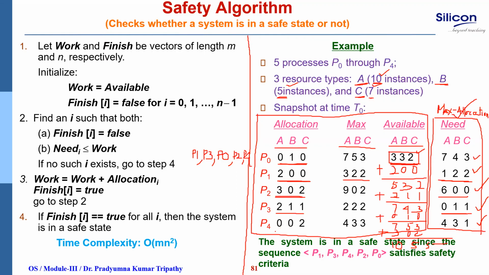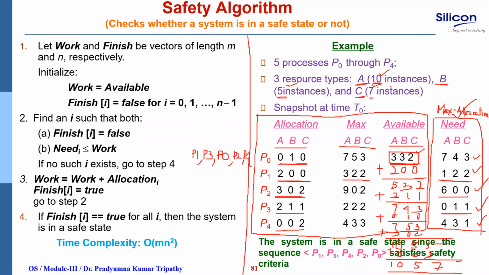So it will return 0, 0, 2, which results in 10, 5, and 7. Now look into this 10, 5, and 7. This matches our initial available resources or not.